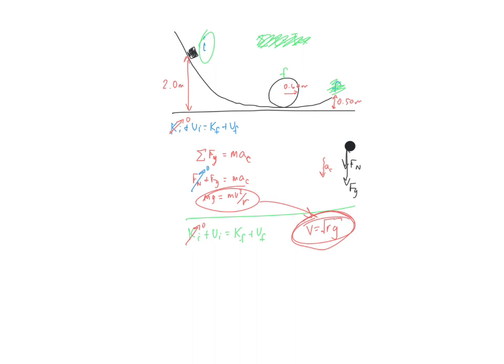Now in part F, since it needs the same speed at the top of the loop, does it need to be released from the same height, or from a little higher or a little bit lower?